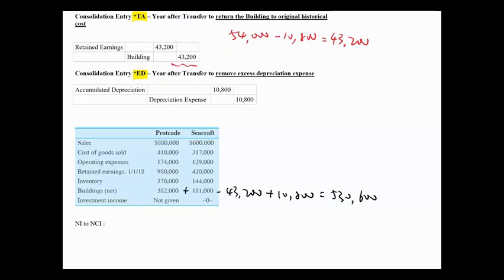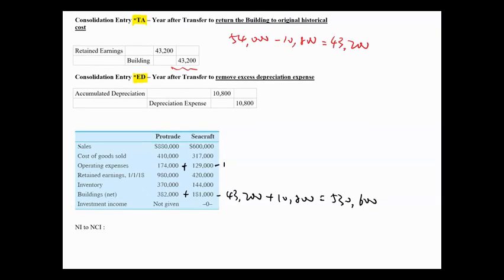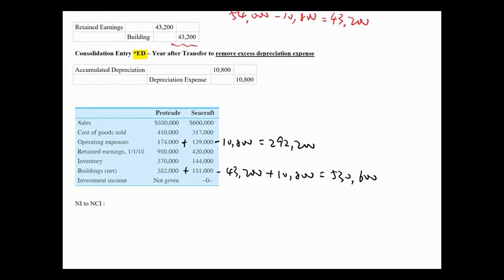Okay, and then let's move on to operating expense. Operating expense is equal to the current book value of operating expense, minus $10,800. This is the excess depreciation, and it equals 292,200. All right. So the last one is net income to non-controlling interest.